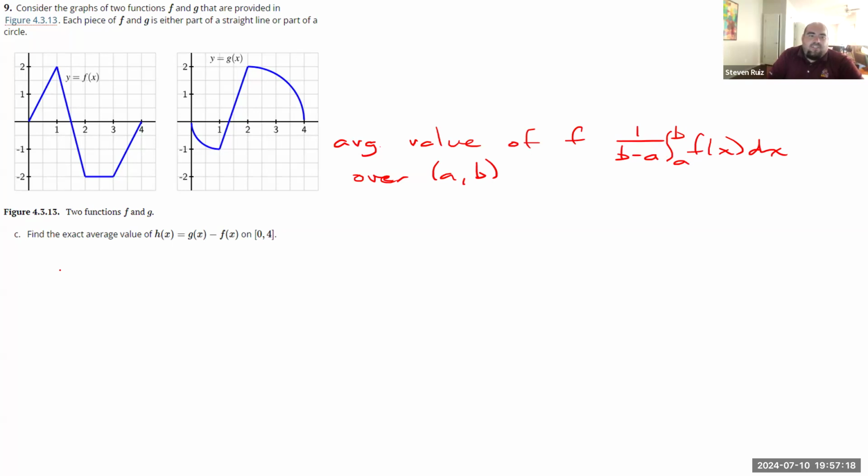So if I want to find the average value of h of x, essentially what I'm doing is this. I'm going to integrate h of x dx over the interval 0, 4. And I'm going to multiply that by 1 over 4 minus 0.